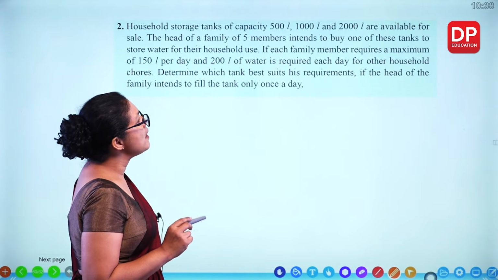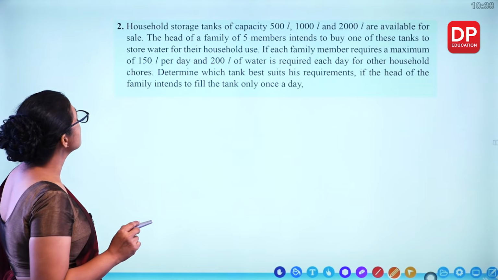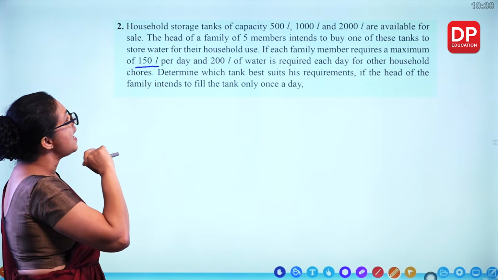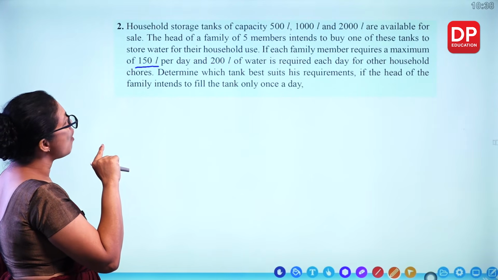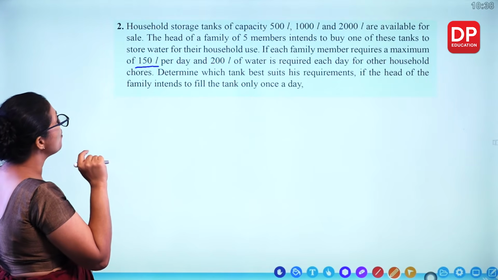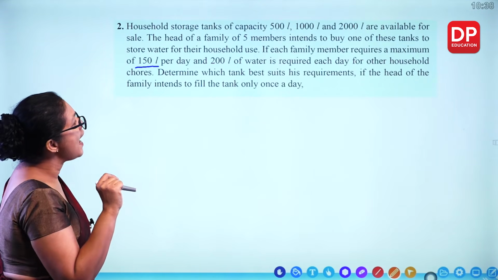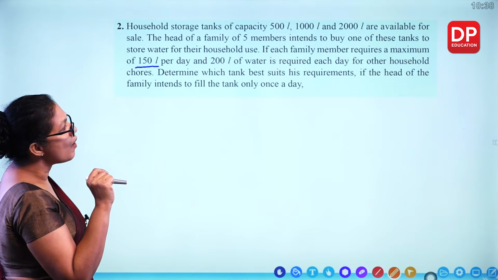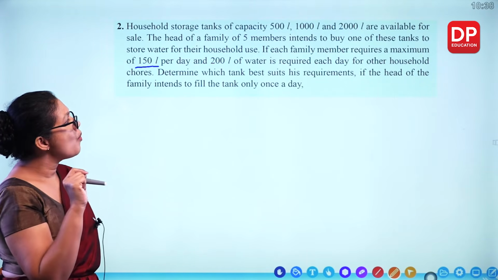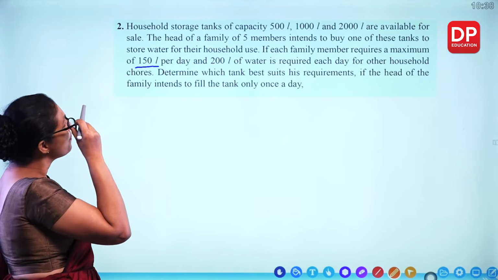If each family member requires a maximum of 150 liters per day and 200 liters of water is required each day for those household chores, determine which tank best suits his requirements. If the head of the family intends to fill the tank only once a day.